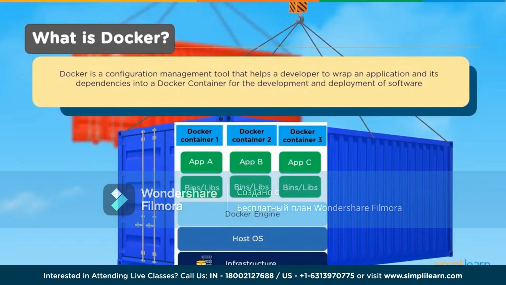This is the container which developers use to do deployment across multiple environments. So when you are hosting your application onto Docker, ultimately you are looking for an entity called a Docker container.